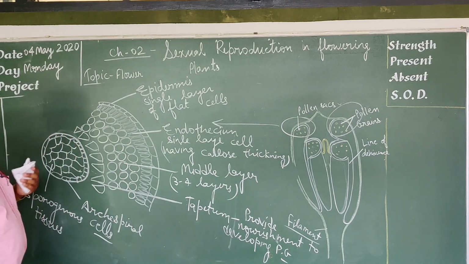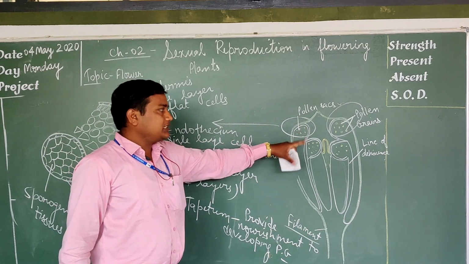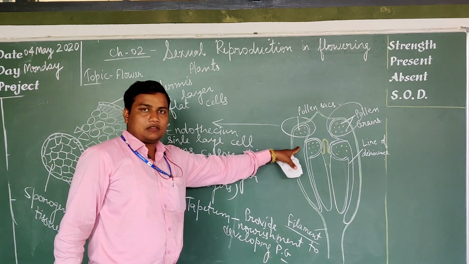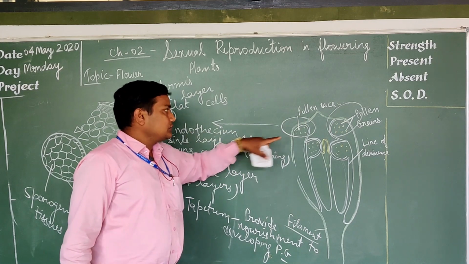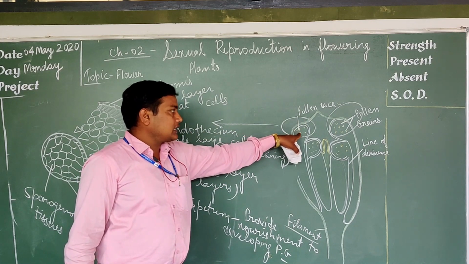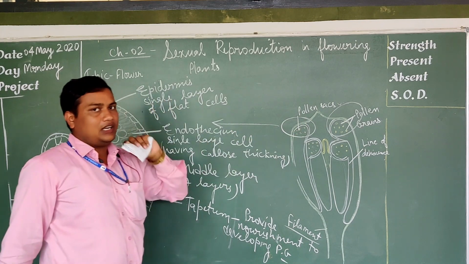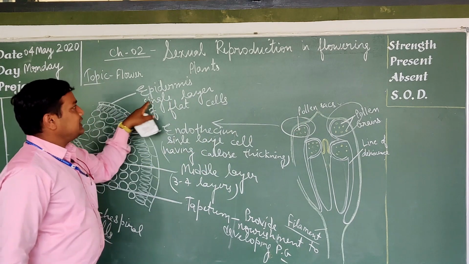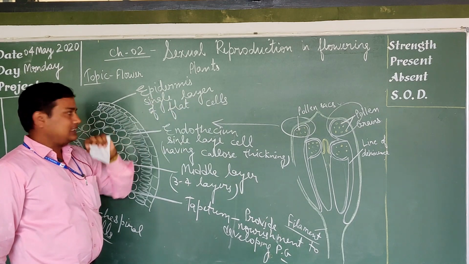Now see the structure. It is the bilobe structure. In the bilobe structure, we discussed the outer structure and parts of the anther. After cutting the transverse section of anther, we get 4 layers. The outermost layer is the epidermis. Epidermis is a single layer composed of flat cells.